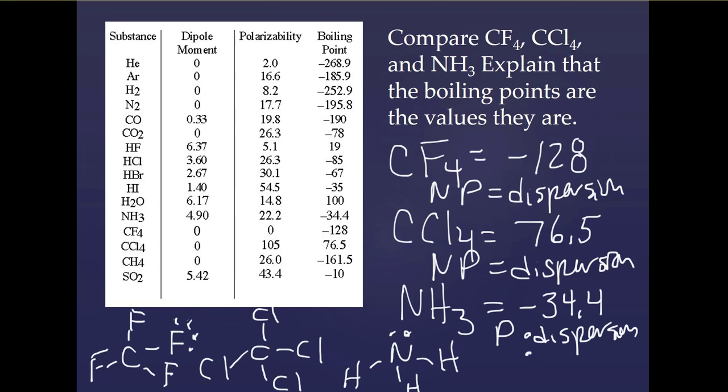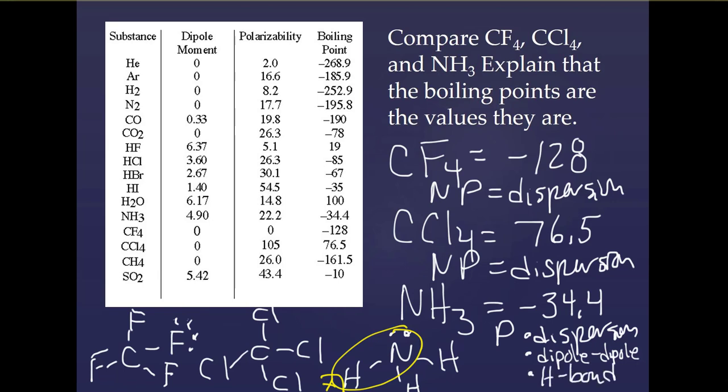And being polar, it will have dipole-dipole. And then if it's dipole-dipole, you should always check and see if it has hydrogen bonding. And it does have hydrogen bonding because we have a nitrogen-hydrogen bond here. So there's that little bare naked proton hanging out with that hydrogen. And so we do have hydrogen bonding.